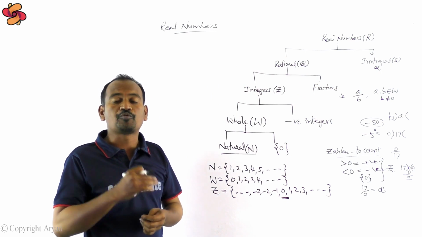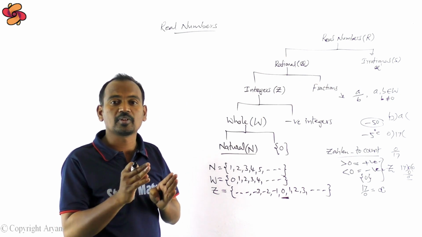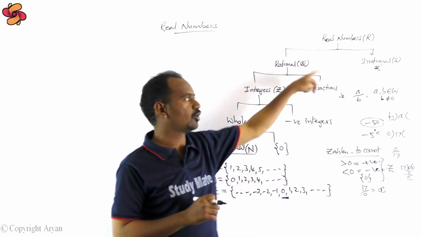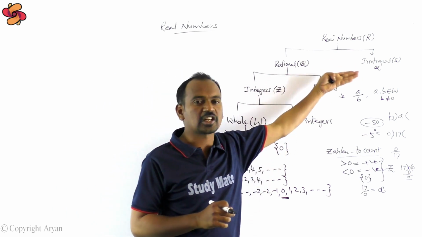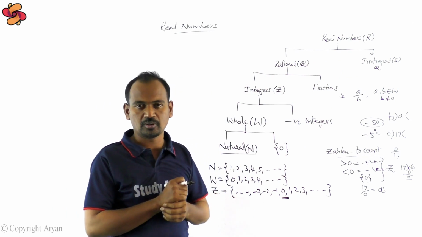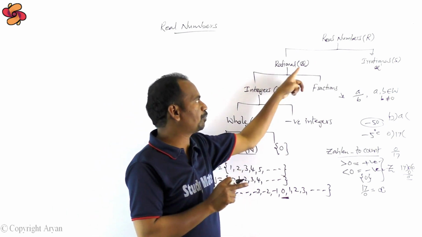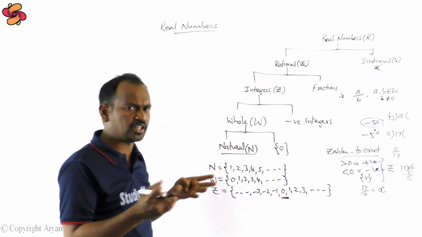Before going to the features, we need to frame the definitions for each. What is a rational number? Or what is an irrational number? So we need to give the definition here. Coming to the set of rational numbers, very easy.